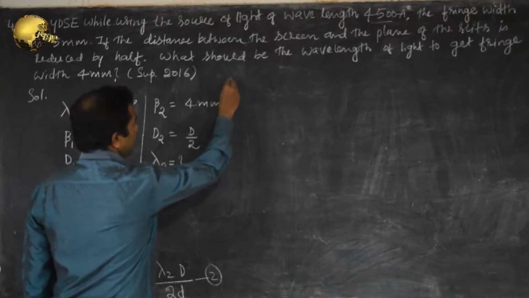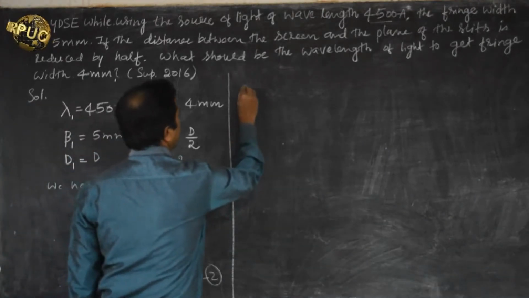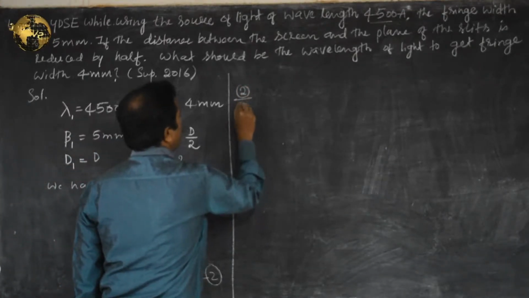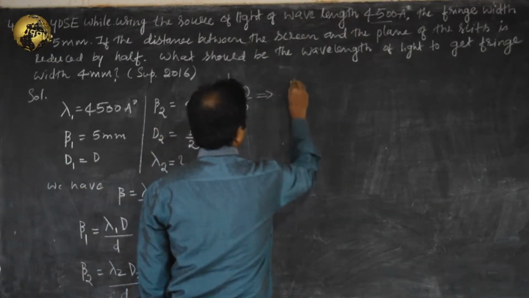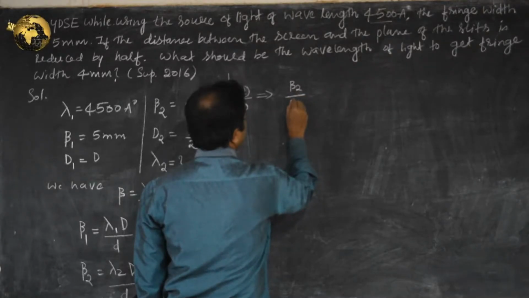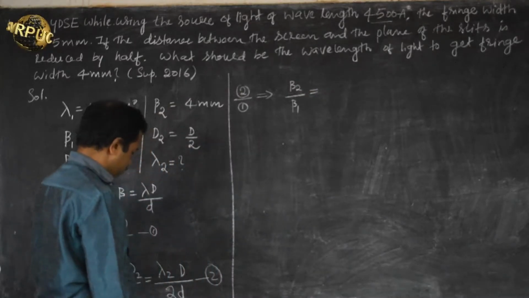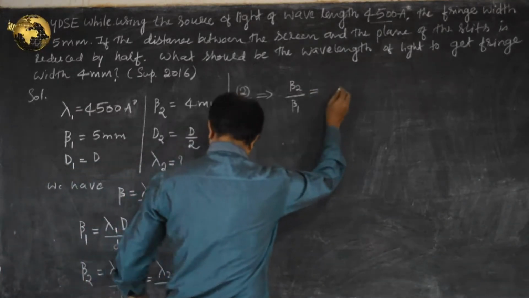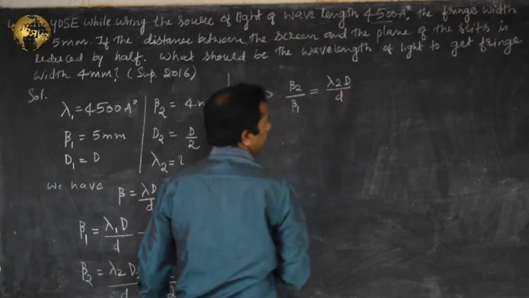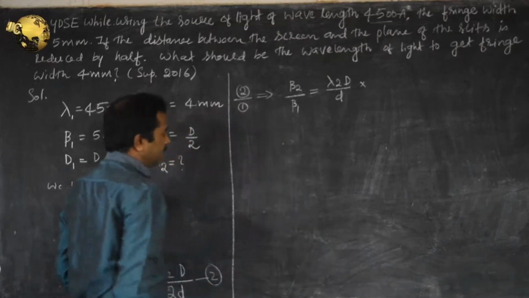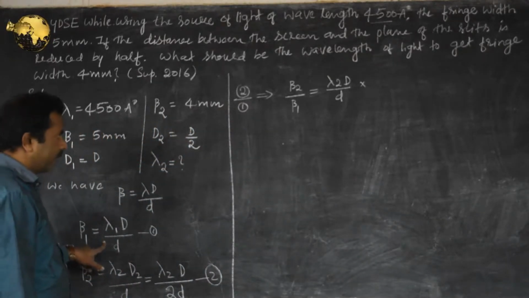So now let us divide equation 2 by 1. Beta 2 divided by beta 1 is equal to, let us find the value of beta 2. Beta 2 value is lambda 2 into D divided by d, and let us write the value of beta 1 from equation 1.